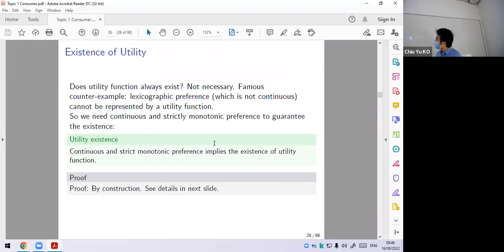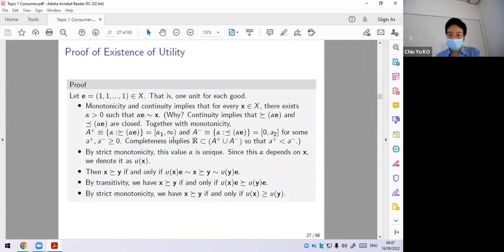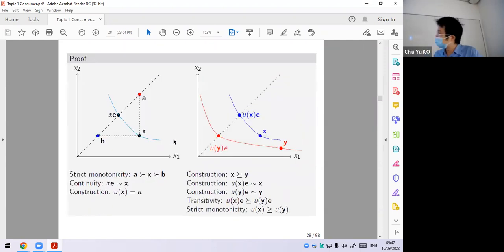And last class, we spent some time proving the existence of utility. What we said is that continuous, strict, monotone preference will imply the existence of a utility function. I added this to the slide because I think it will be useful. But let's go back to the proof quickly. For any bundle X, right?